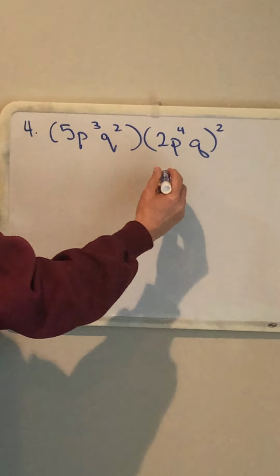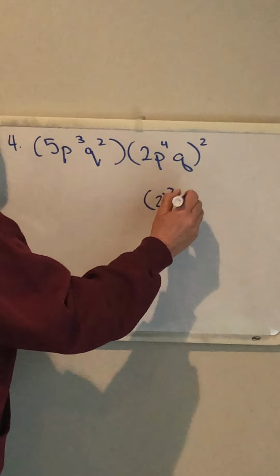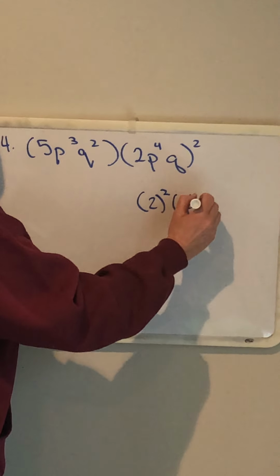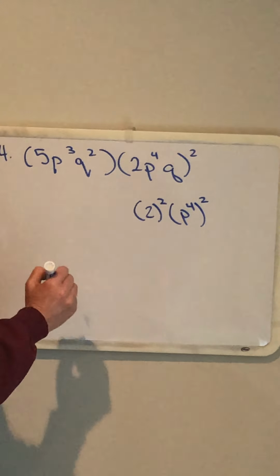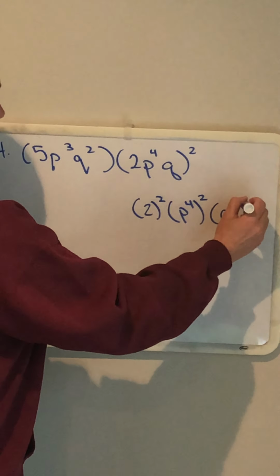So this is going to become 2 to the second, p to the fourth to the second, and q to the first to the second.